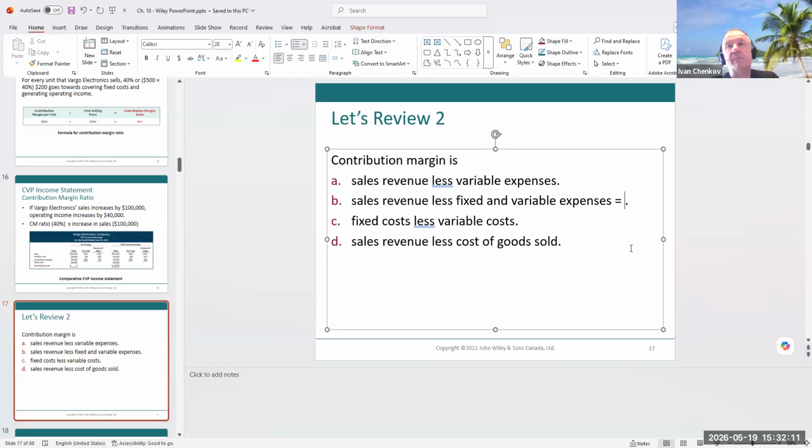What will that be? Sales revenue minus variable expenses, that's your contribution margin. How about sales revenue minus fixed cost and minus variable cost? What will that be? Operating income. That's exactly what it is. Thank you. That's great.